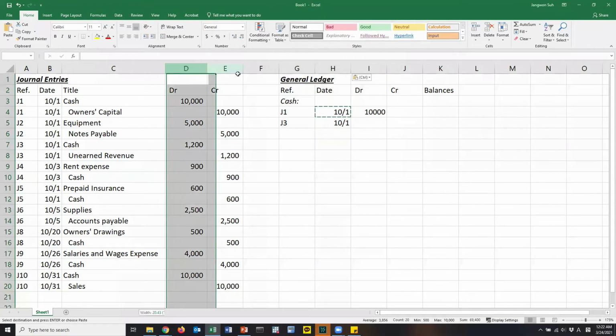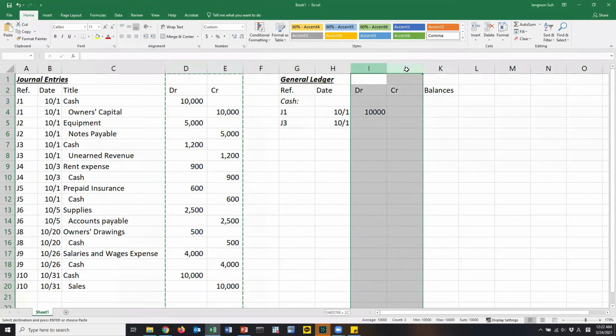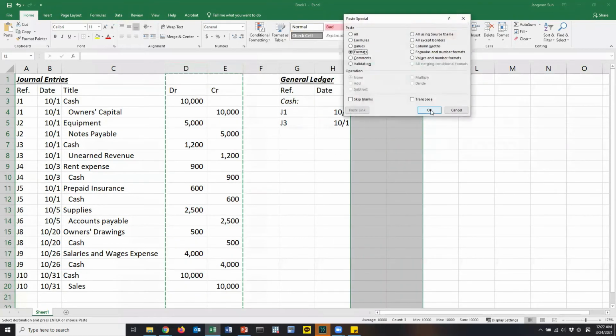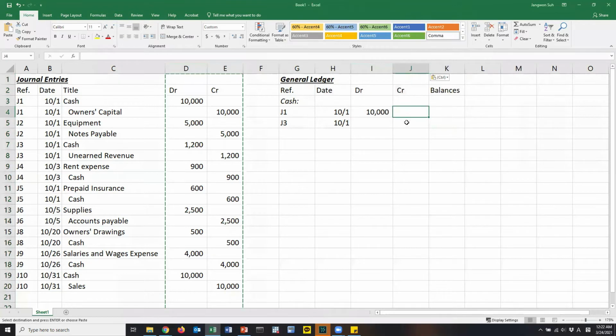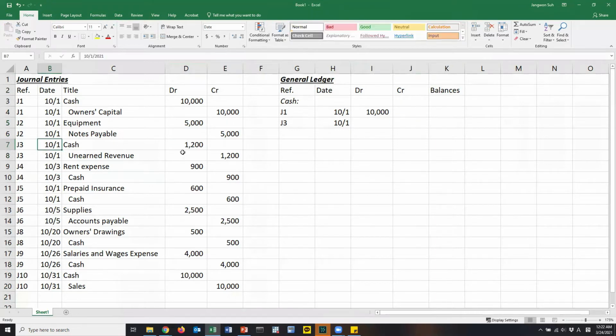And then we will use the same format, copying and pasting the formats. How much is it? Again, debit side 1200.